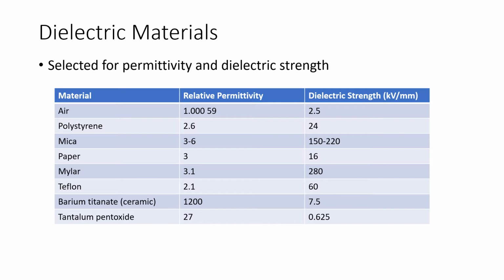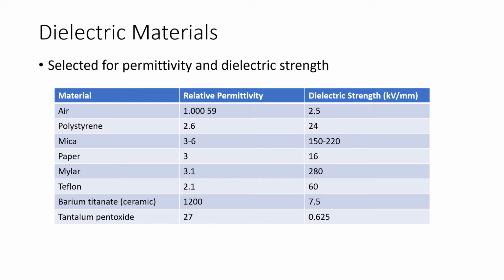Now we see here a list of materials that are commonly used as dielectrics: air, polystyrene, mica, which you may have seen if you've traveled to the mountains. It's a mineral that separates into layers. Paper, mylar, like that's used to make balloons.